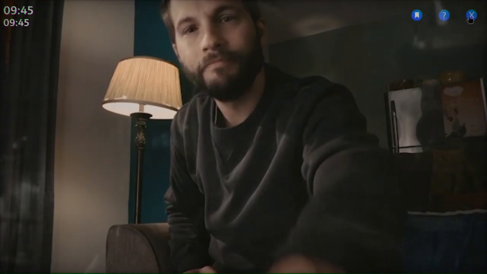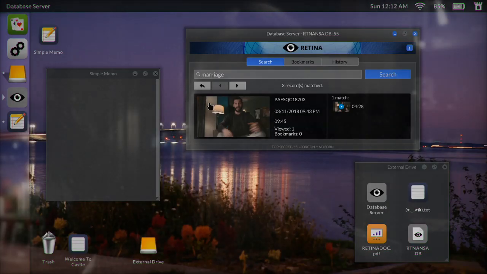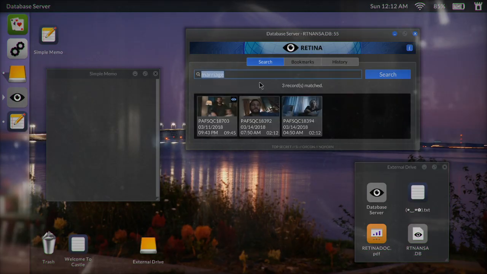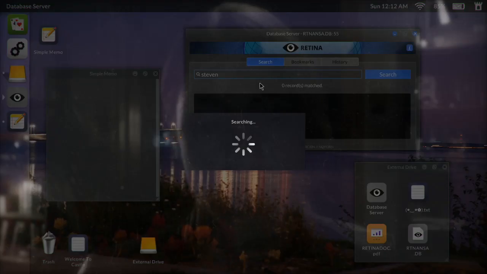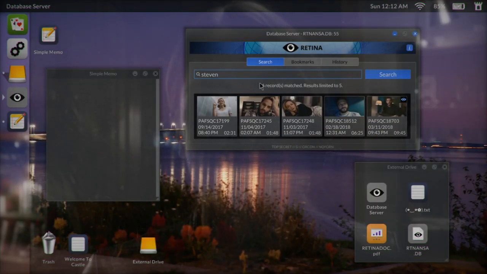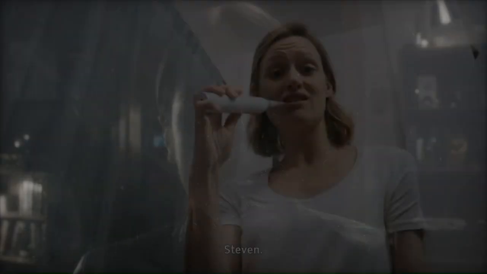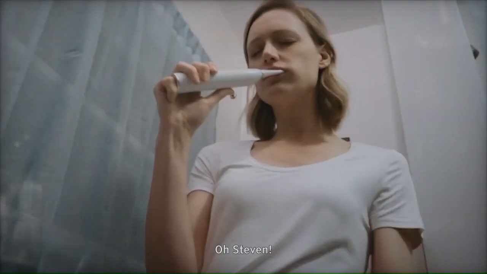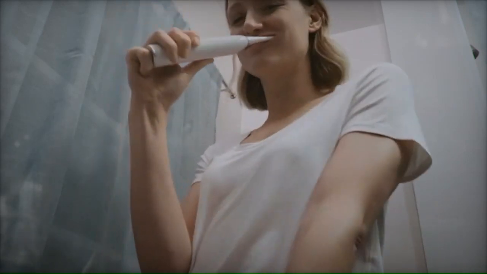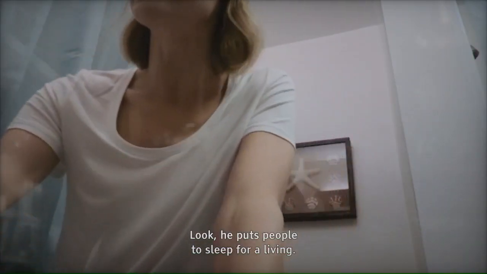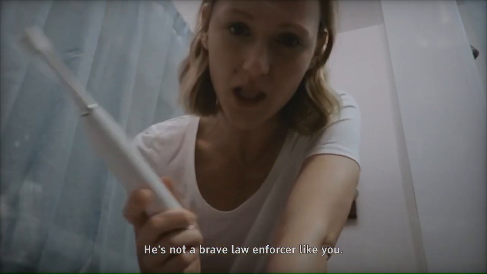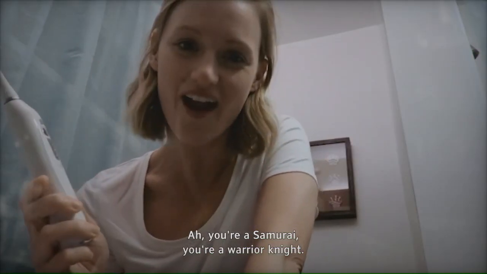Okay, so we have a divorcee dad. Who's Stephen? Is she the wife or the ex-wife? Steven. Oh, Steven. Look, he puts people to sleep for a living. He's not a brave law enforcer like you. Oh, you're a samurai.